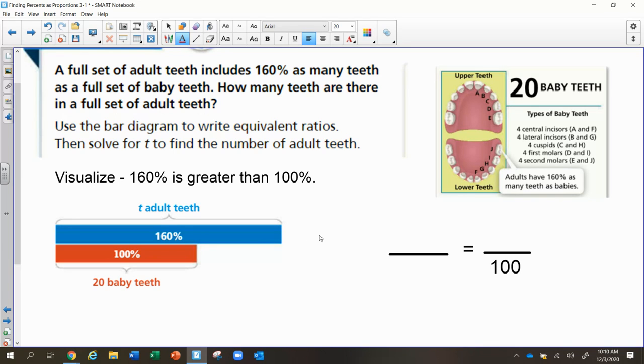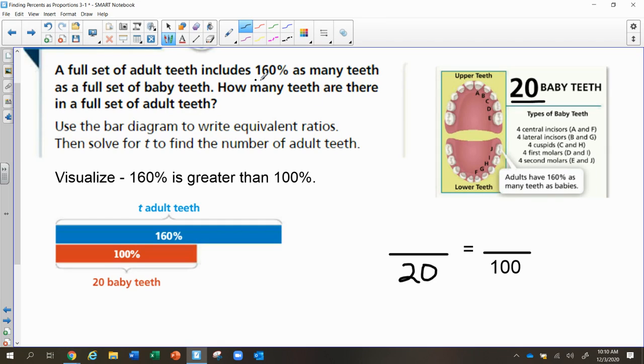I am still going to set up my percent proportion. Now, 100% of baby teeth, so we're talking about baby teeth, right? The whole amount of baby teeth is 20. So I'm going to put 20 as my whole.